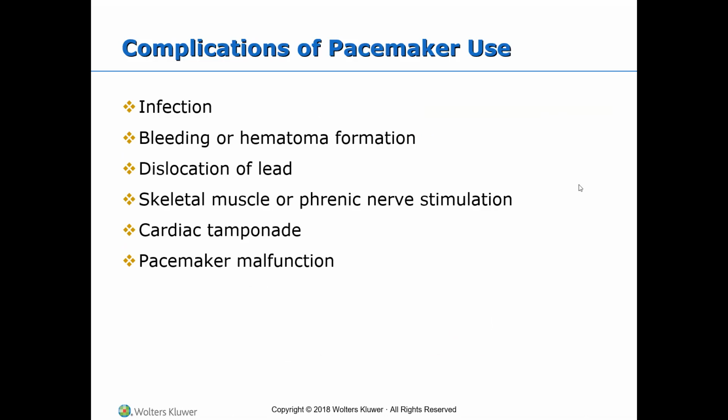The complications of pacemaker use, so if you have a patient that just had a new one put in: infection, bleeding, or hematoma formation, dislocation of lead, skeletal muscle or phrenic nerve stimulation, cardiac tamponade, and pacemaker malfunction. I had a patient whose first pacemaker had like an electrode loose or something.